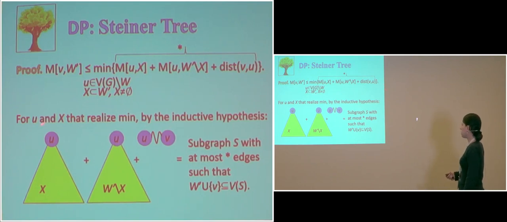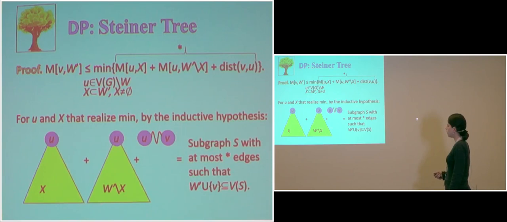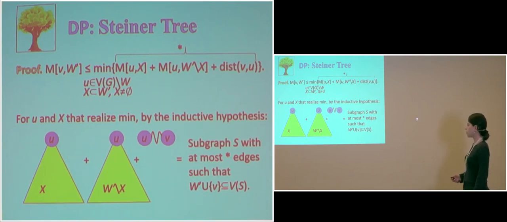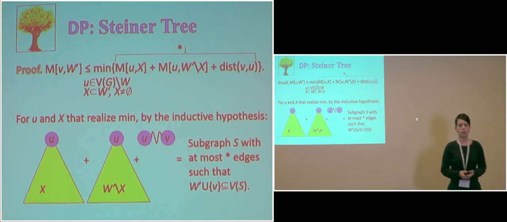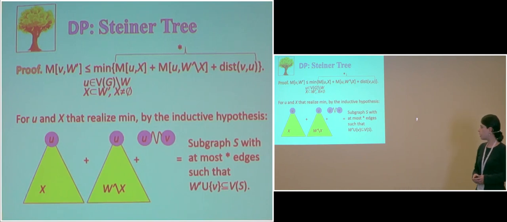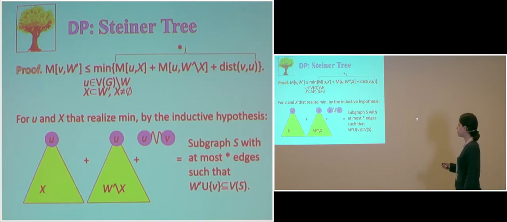And it contains X, W minus X, so it means W prime entirely, as well as V. Okay, so we have such a subgraph. So in particular, there is even a subtree that contains them. Just take some spanning tree of this subgraph, and we have a tree with at most this number of edges, and it has W prime and it has V. So we proved this inequality.